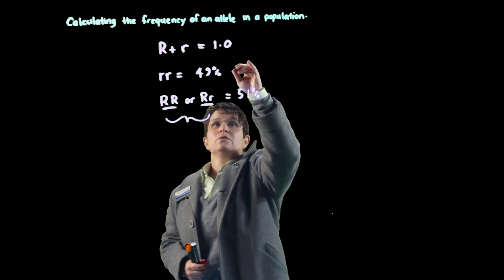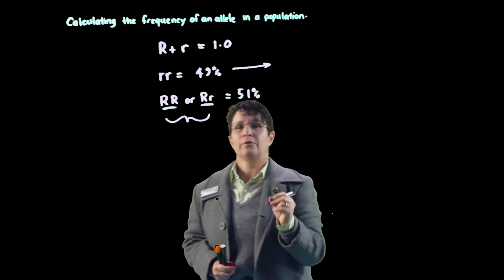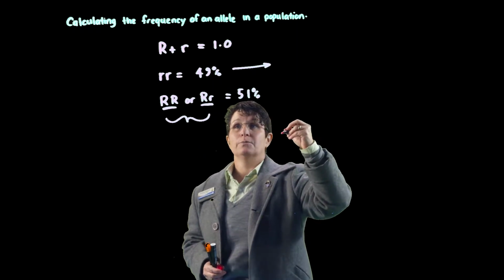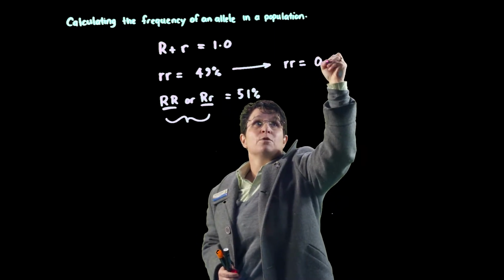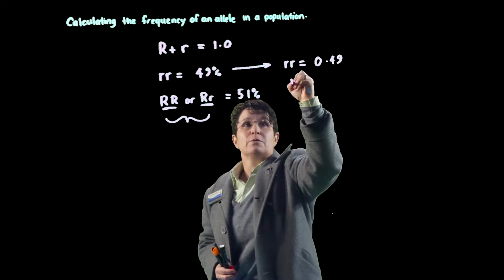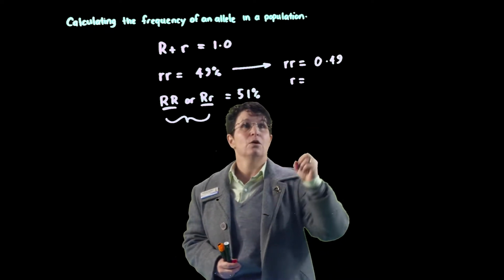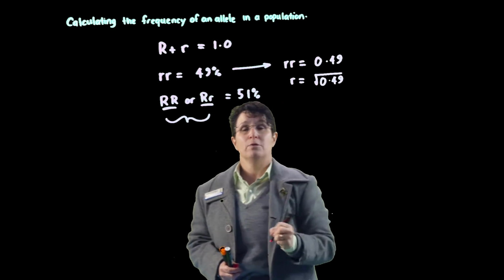So what we need to do is use the homozygous recessive to calculate the frequency of the recessive allele. So if homozygous recessive is 49%, that's 0.49 of a population, it would stand to reason that the recessive allele on its own is going to be the square root of 0.49.